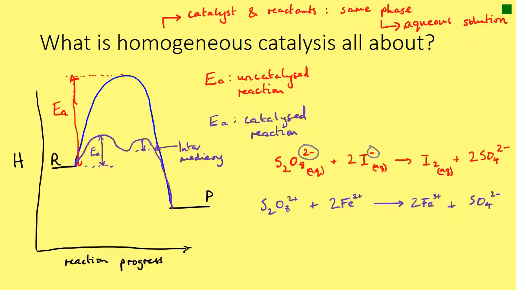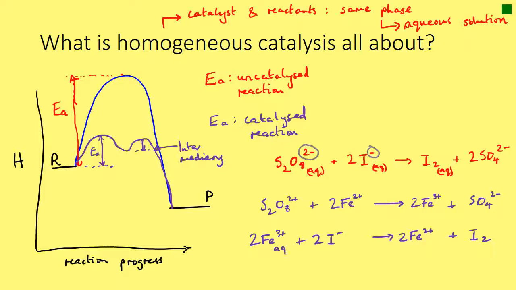The second step of the reaction is when our Fe3+ ions are converted back into Fe2+ ions, so they're reduced back. So they are oxidizing our iodide ions and making them into an iodine molecule like that.